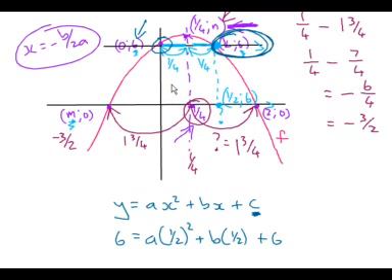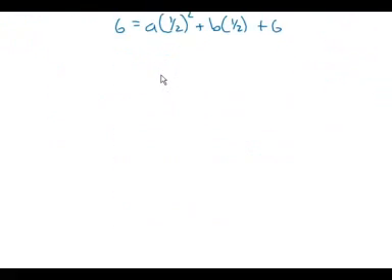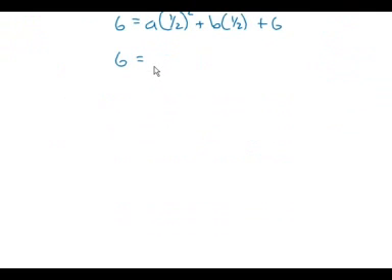Do you agree with that formula I've just compiled there? Yeah, I do. Alright, so let's simplify that a little bit further, just to get rid of all the squares and the fractions as far as possible. So we'll get a quarter a plus a half b plus 6.